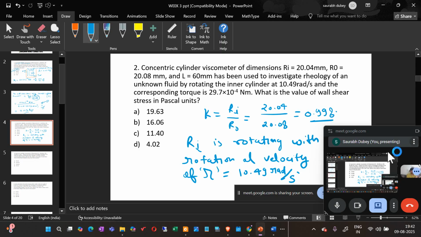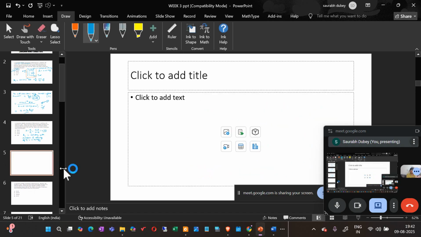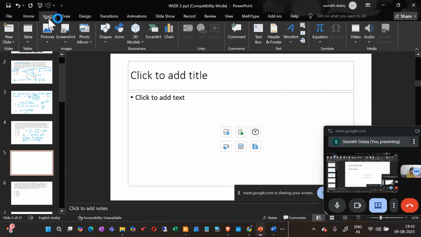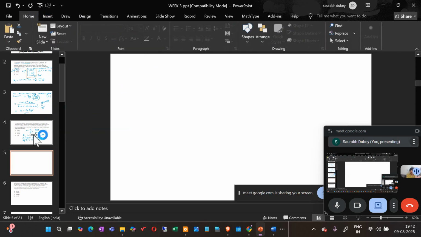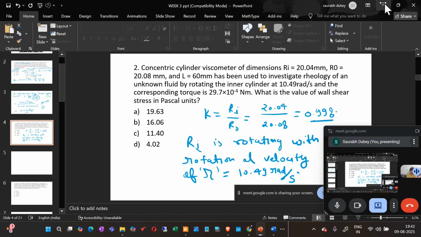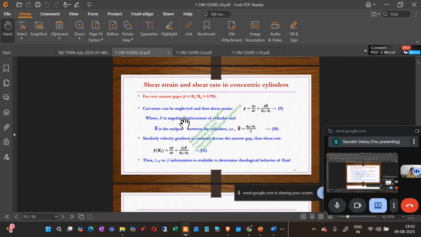So if you see this particular thing, when the gap is very narrow, the gap is very small, the curvature can be neglected.